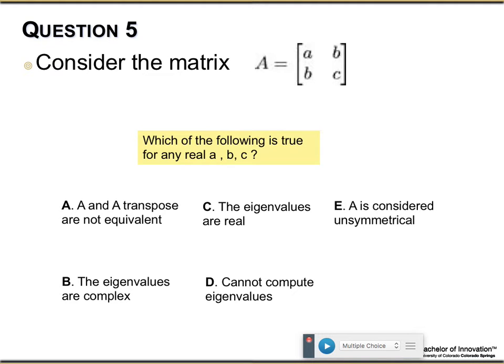So this one again, do by yourself. It should be quick. Considering the following matrix where A, B, and C are real numbers, what is true about this? And D is a statement about anyone's ability, not yours.